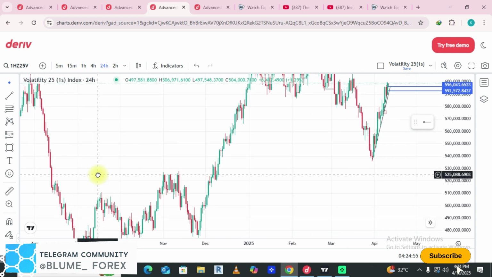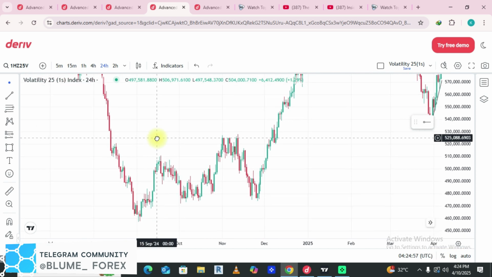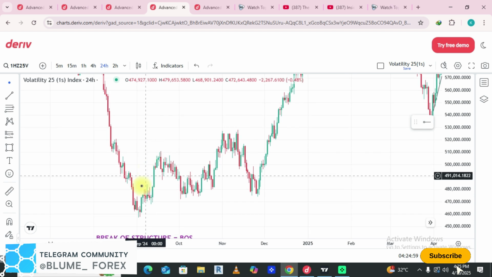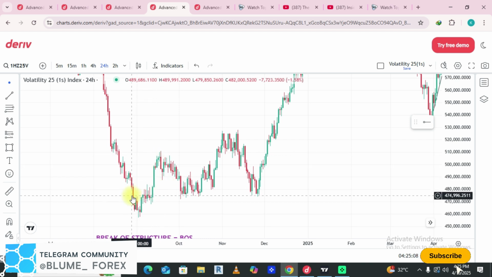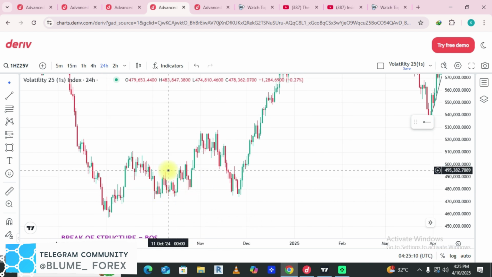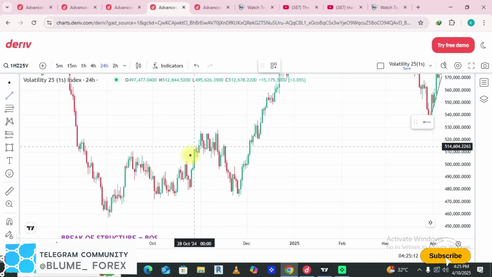So we have this. This low took out this high, this low took out this high, so break of structure, right? This low took out this high, so we have what? Break of structure.